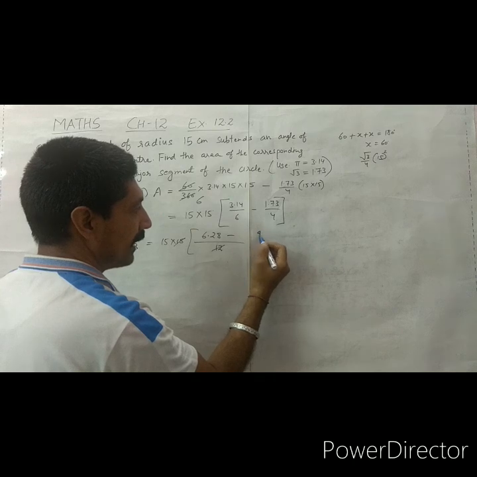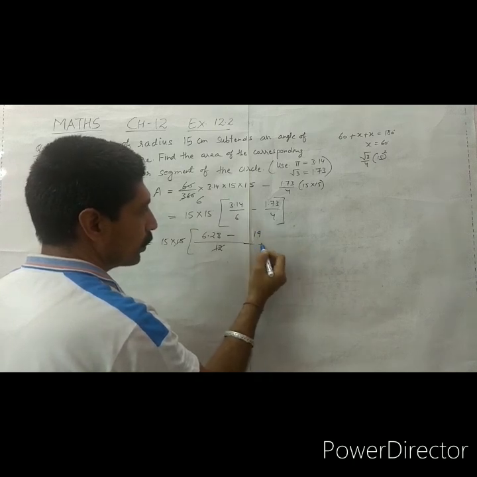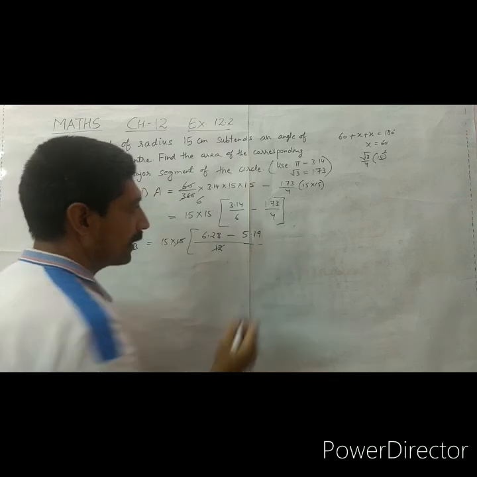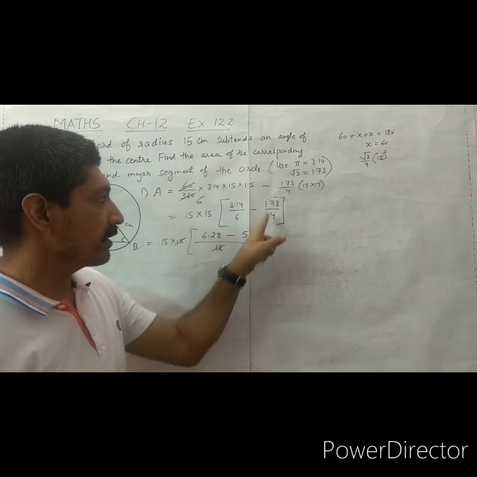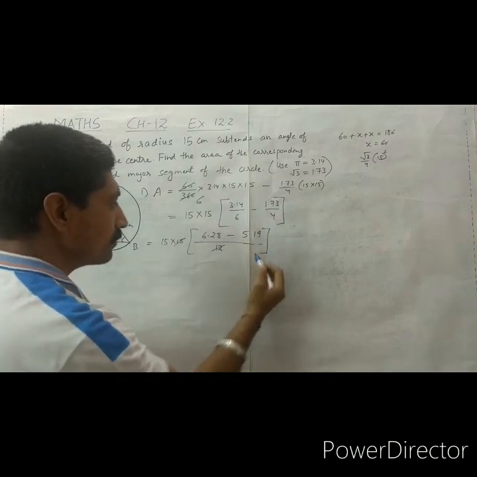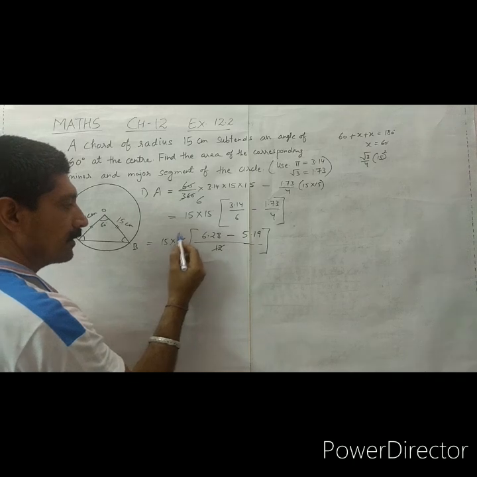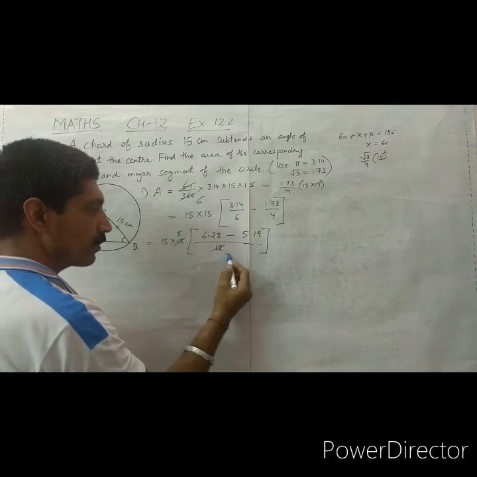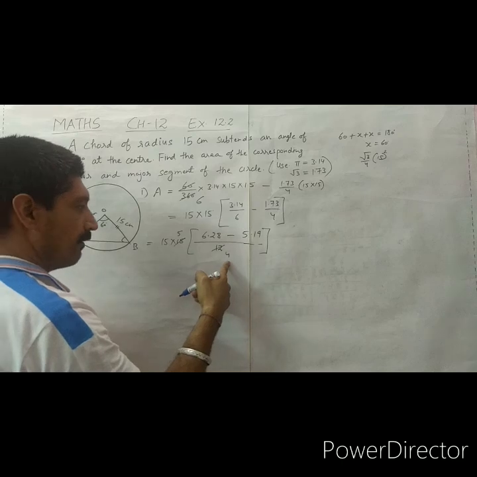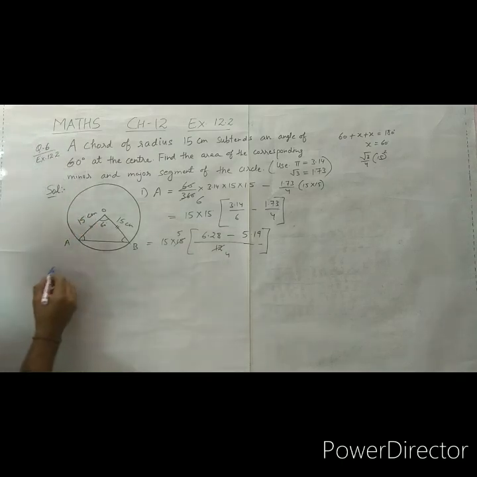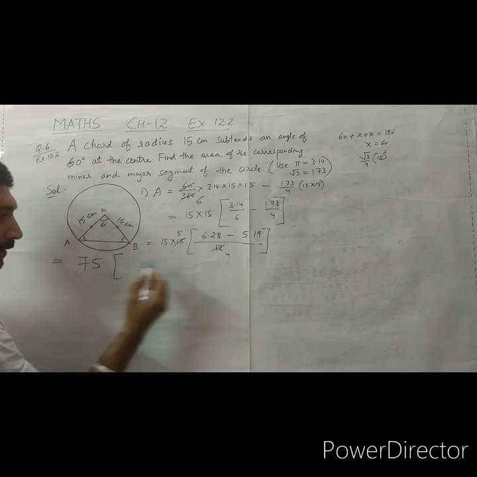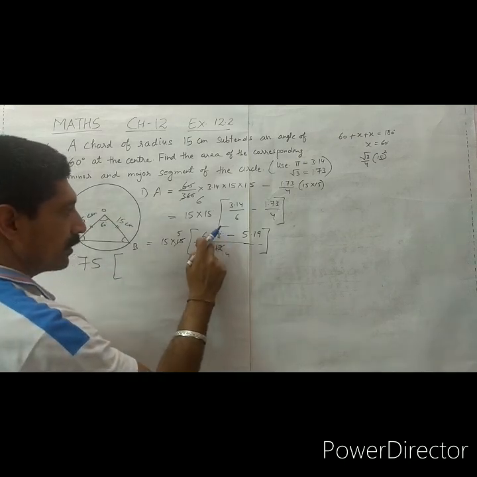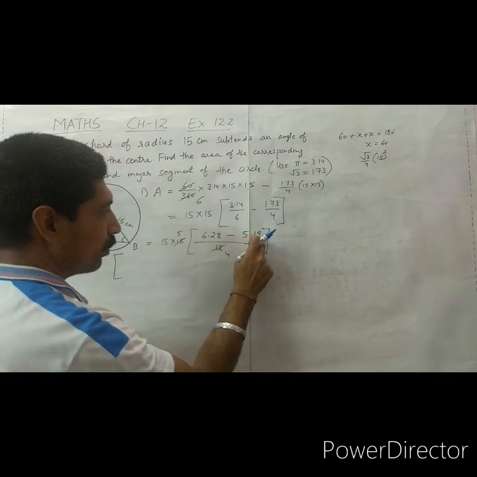So 3 3s are 9, 21, 2 carry, 5.19. Now 12 with 3 5s are 15, and here 3 4s are 12. So next we can take 15 into 5, 75, and here we have 6.28 minus 5.19.